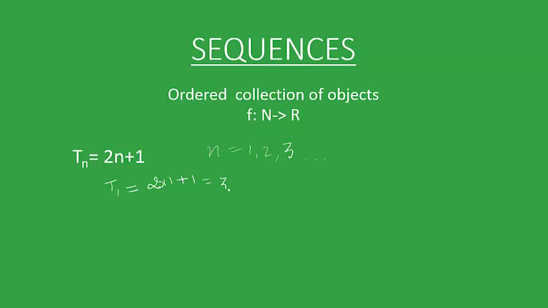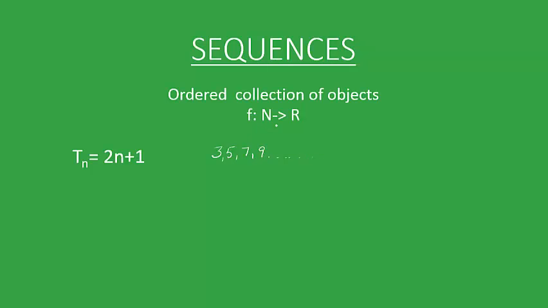So the first term is equal to 3. Similarly, you can calculate more terms, which is easy. Just put 2 in the expression to obtain the second term as 5. So the sequence will come out to be 3, 5, 7, 9 and so on.